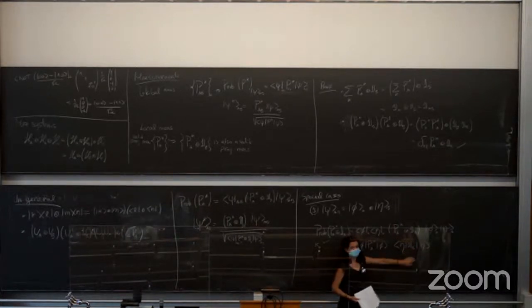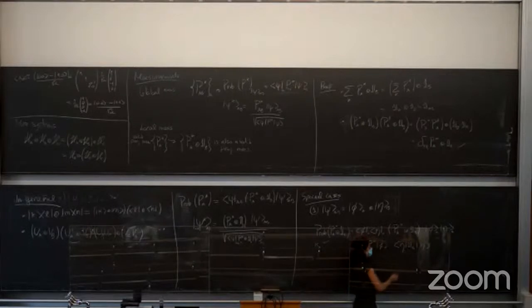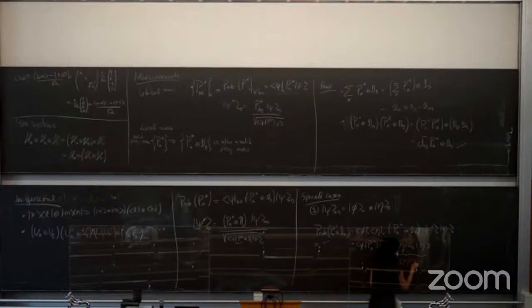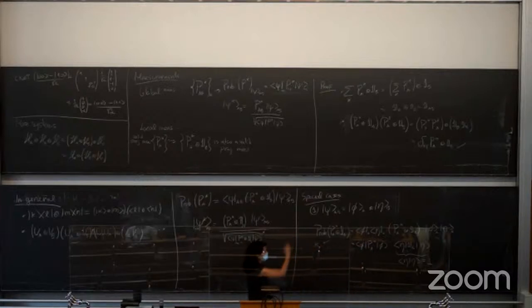Look, this is the same state on the left and on the right, and the identity does nothing. So this is just the inner product of the state, which, normalized, is just one. We said we take a normalized state to start with.